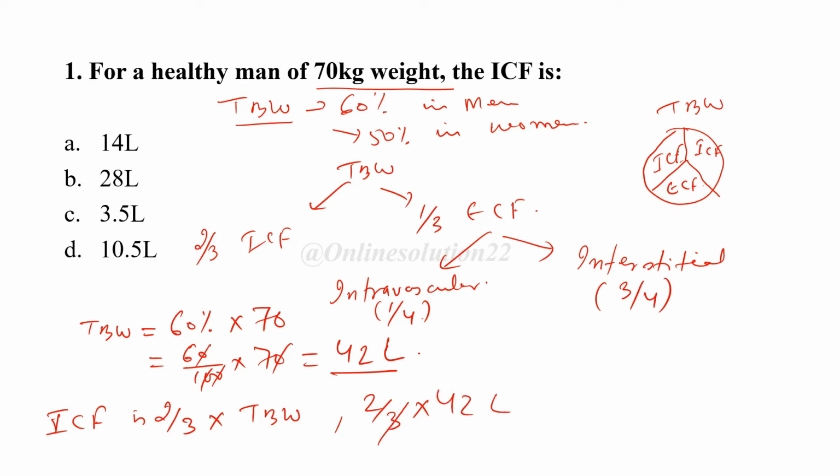If we divide 42 by 3, we will get 14. Now 2 multiplied by 14, we will get 28 liter. So the intracellular fluids is 28 liters. So the correct option here is option B, that is 28 liter.